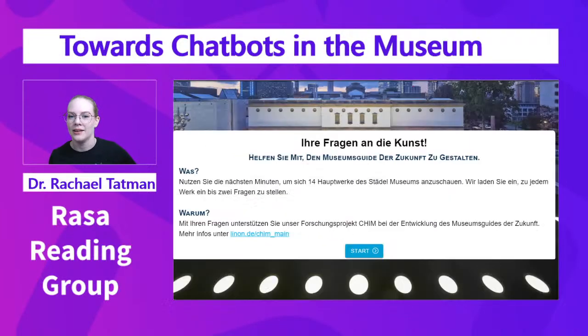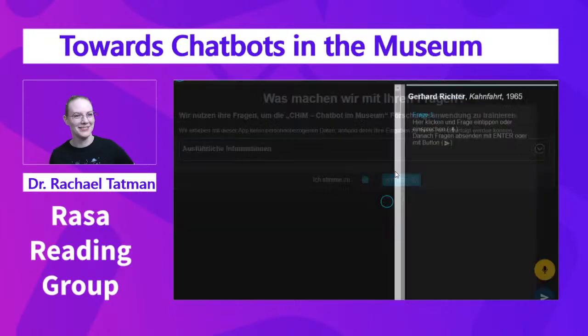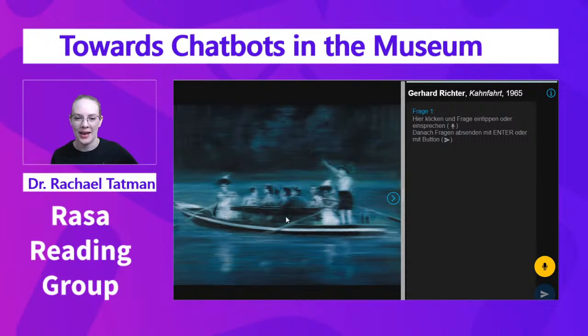So I played around with this a tiny bit previously. I do not speak German. What happens is you get shown a piece of art, and then you can ask questions about that piece of art. And again, it's in German.